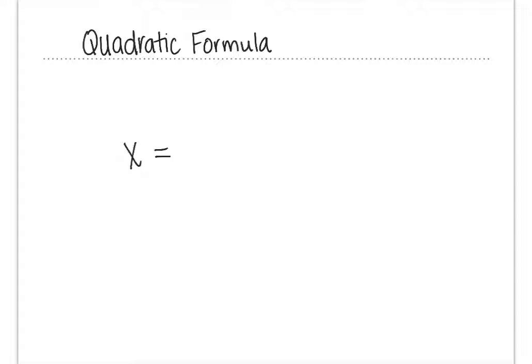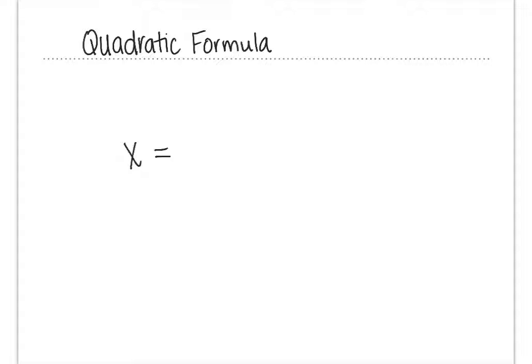Once you have your equation in standard form, you can use the quadratic formula. This is a formula that you need to memorize, and the formula will find the solutions to that equation.